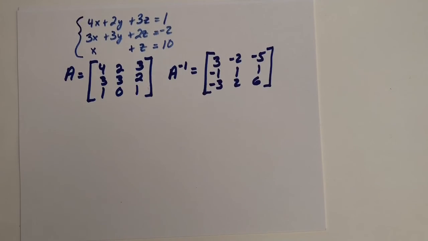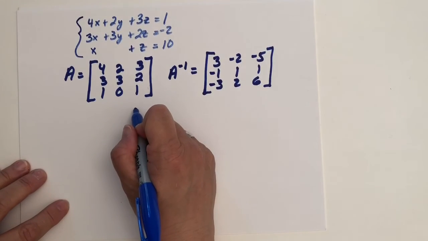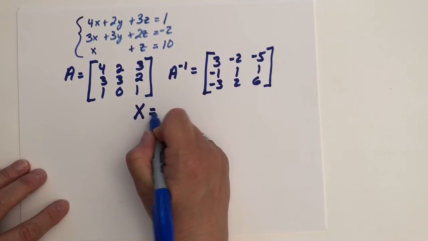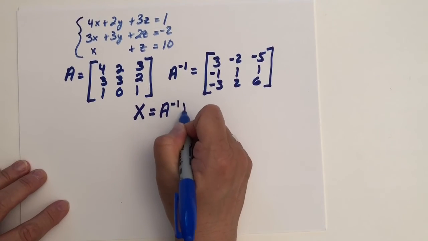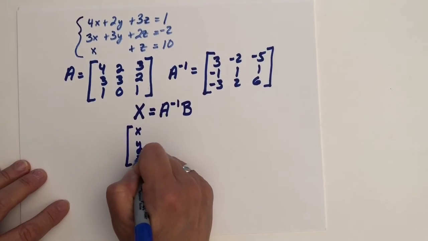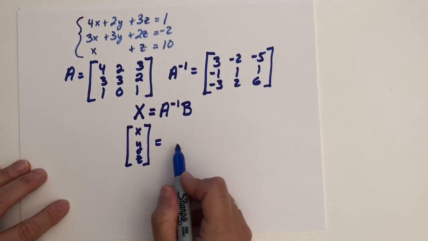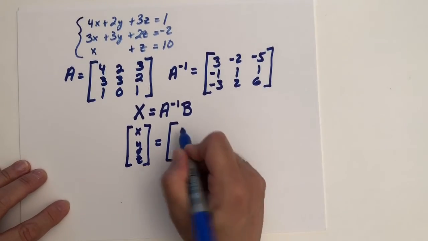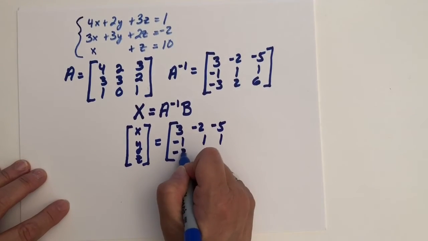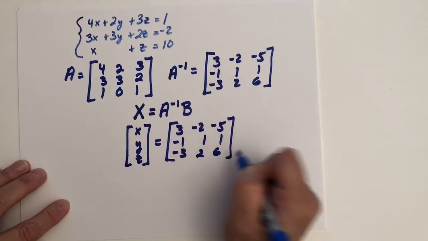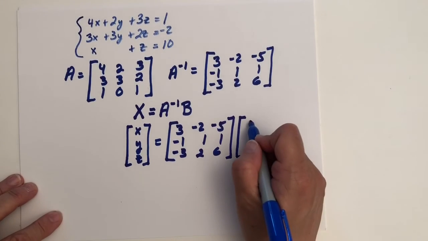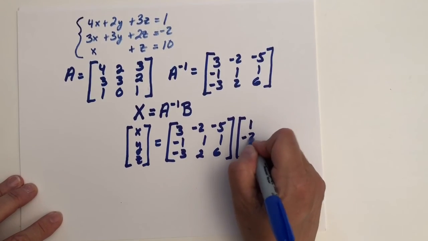So if we were going to solve this system, we can still use the fact that X, which is our column matrix that represents our variables, equals A inverse times B. So x, y, z equals A inverse, which we know is this, 3, -2, -5, -1, 1, 1, -3, 2, 6, multiplied by B. B, remember, is your matrix representing those constants.